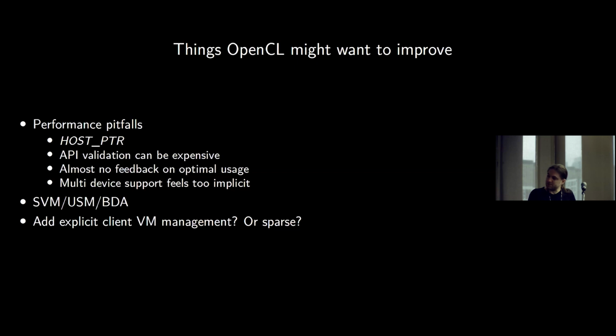What we have done for OpenGL is that we had a Mesa extension where applications could basically say disable all API validation. I think there has been some work to address this in OpenCL, but I don't actually know. But if somebody knows about some plan or wants to talk about it, this would be pretty cool.